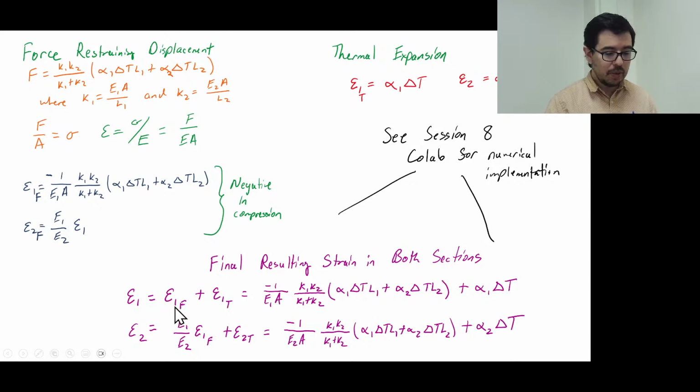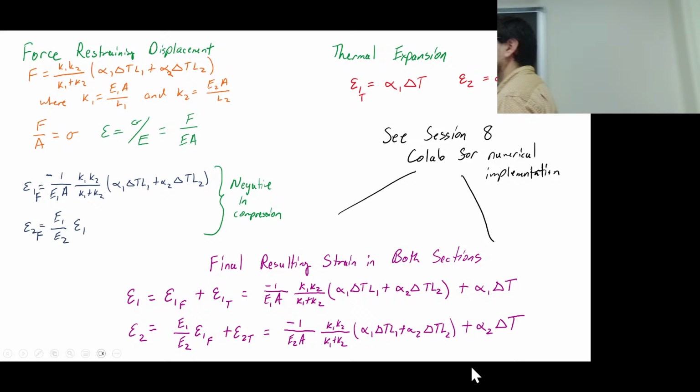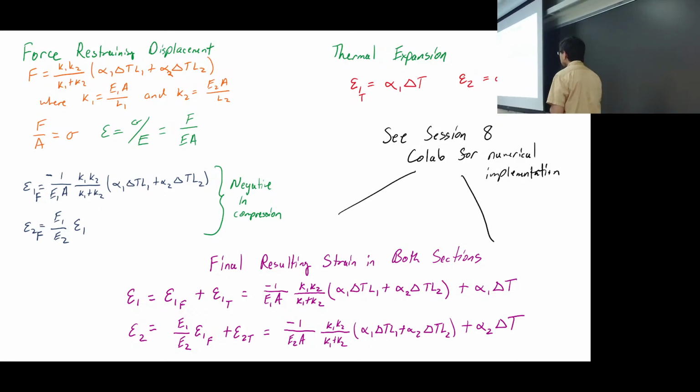This one is going to be negative, which it is, and it's a biggie, and this one is going to be positive, because that force is compressing. But the net result will depend on the values. What do I mean by that?